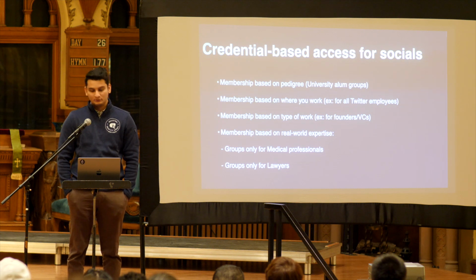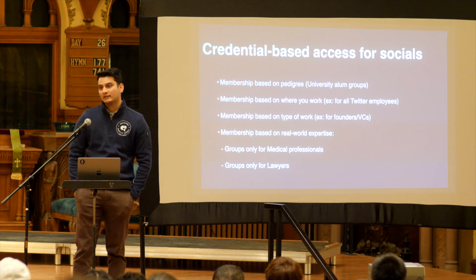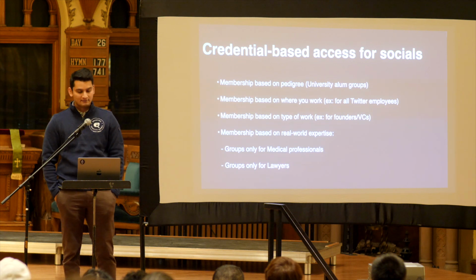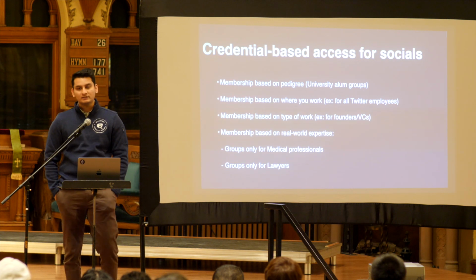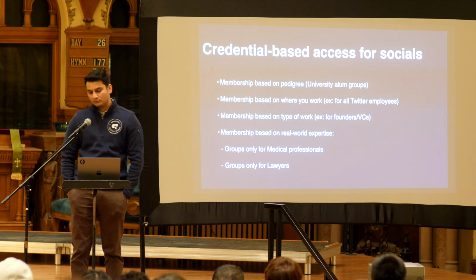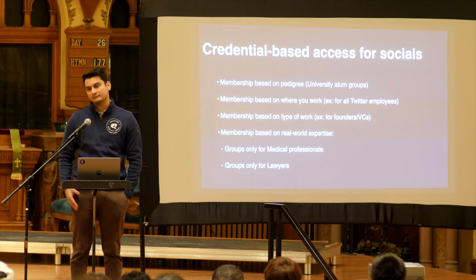So maybe certain universities, maybe a group for employees of a big employer so they can speak freely about the problems they have at their place of work, maybe for founders and VCs, or maybe anonymous credentials based on your real-world expertise. So whether you're a medical professional or a lawyer who has actually passed the bar somewhere, or things like that, right?